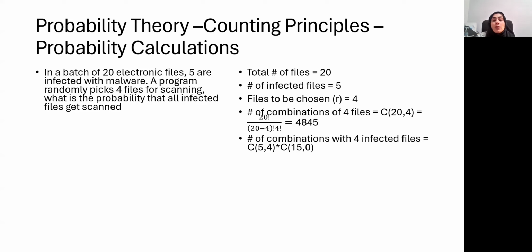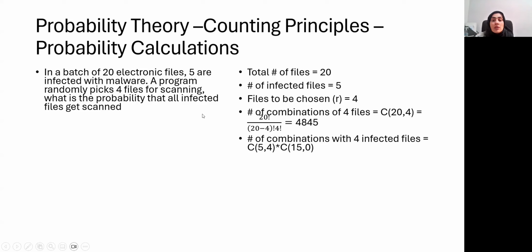Now we do the calculation with the number of combinations which correspond to the event of interest, which in this case is that all of the chosen files were infected. So for this, we consider the 2 subgroups that we have formed in this pool. We know that there are 5 files which are infected, leaving 15 other files which are not infected. And we have to choose a total of 4 files.